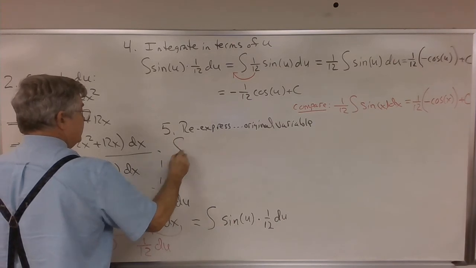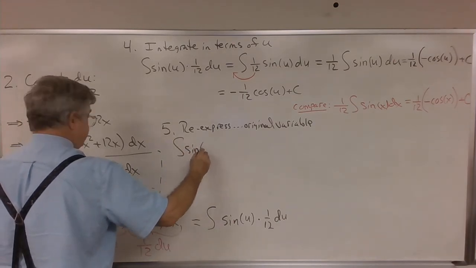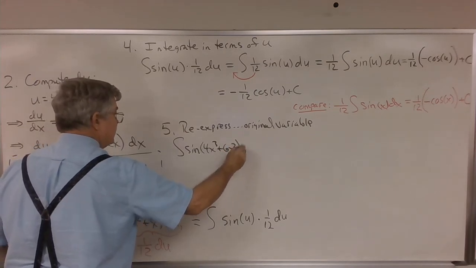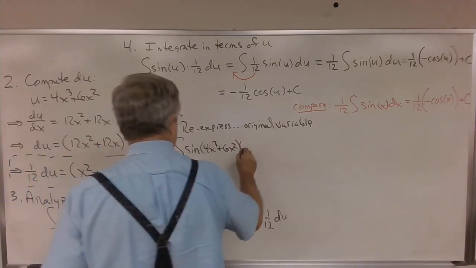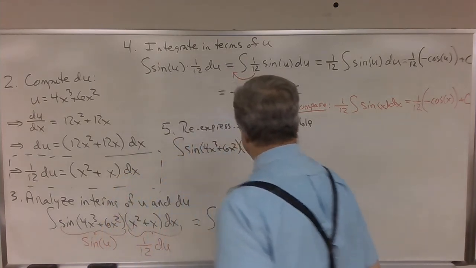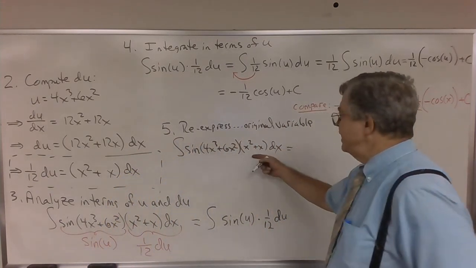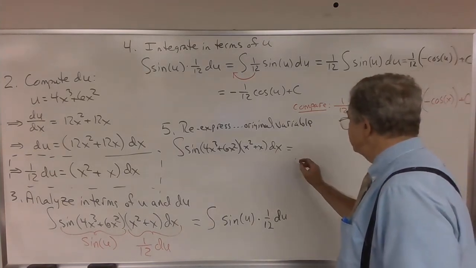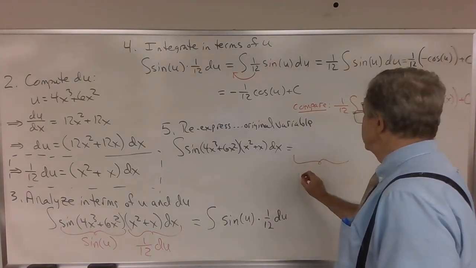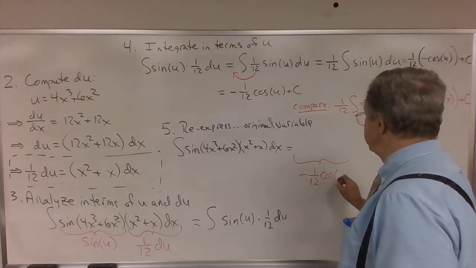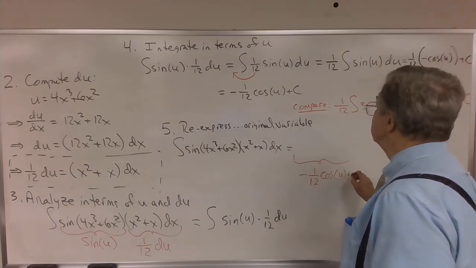So my integral is sine of 4x cubed plus 6x squared times x squared plus x dx. This is my integral. And in terms of u, this is what I get. Negative 1/12 cosine of u plus c.